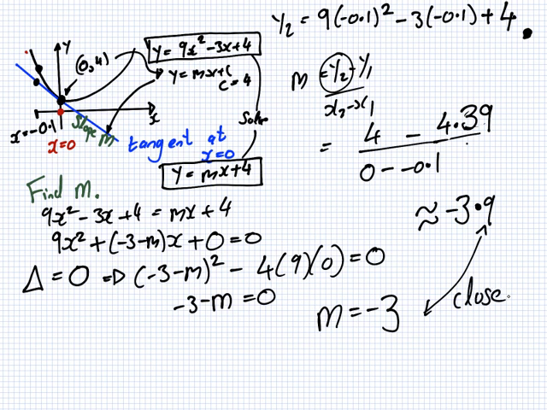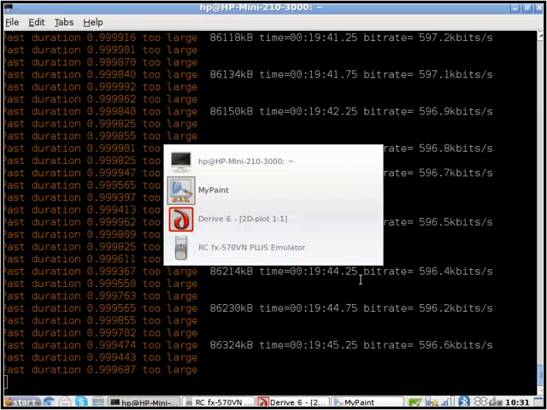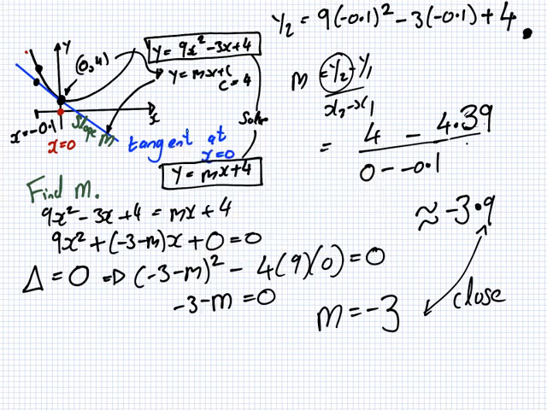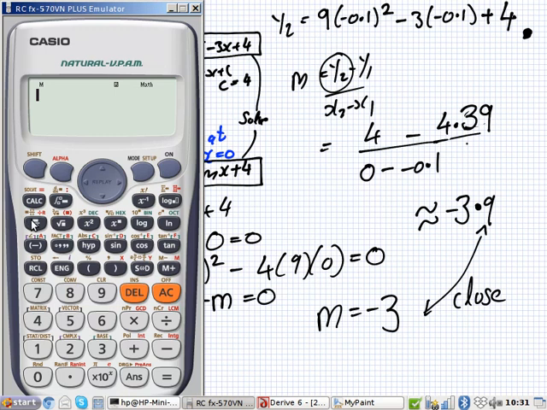But how could we make it better? Make it smaller, yeah. Maybe 0.001. So let's check this out on the calculator. Okay, so on the bottom we'll go 0 minus 0.001. We'll go a little to the left only.